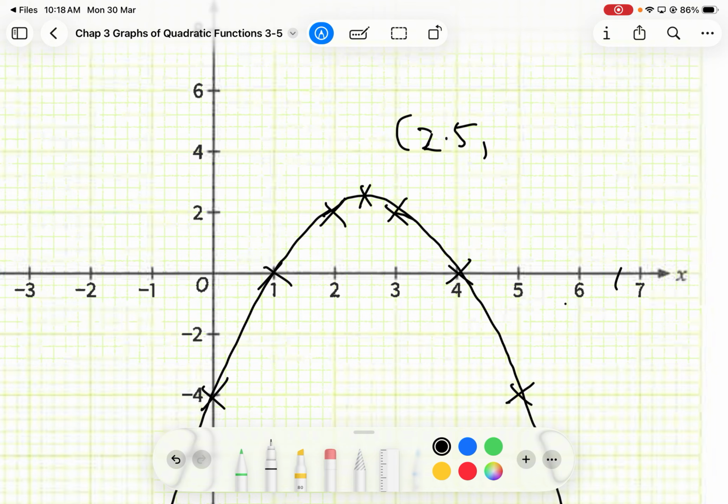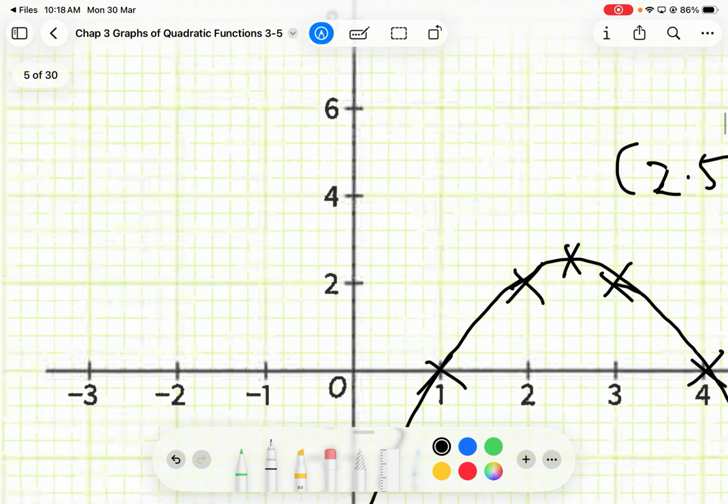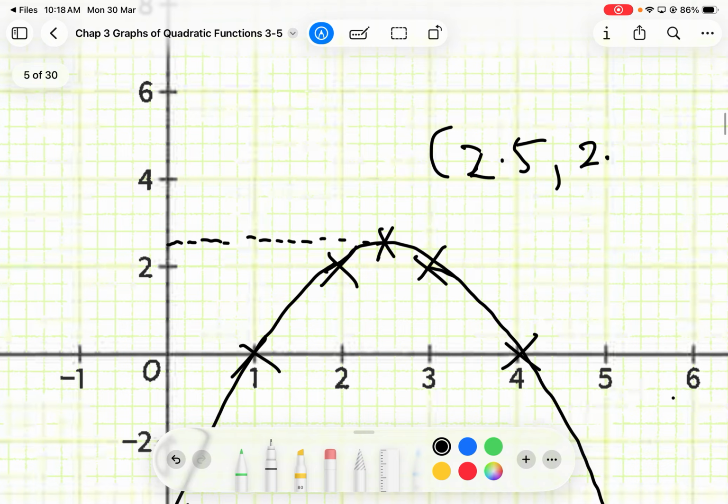Then I want to know how high is this point. From this point, I draw a horizontal line to the y-axis. Then I read what is this value. Okay? So for my one, it is 2.3. Then I will write down 2.3. Okay? The 2.5 definitely, because it's in between 2 and 3.